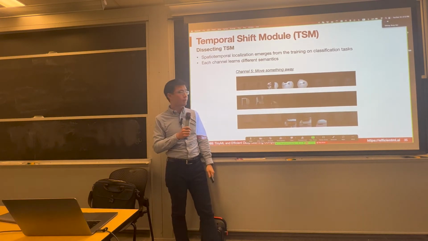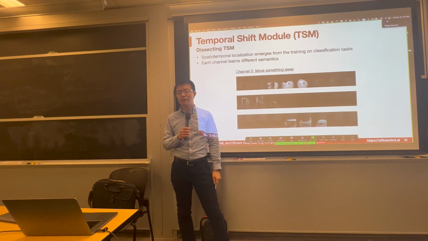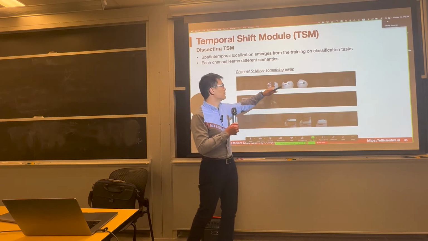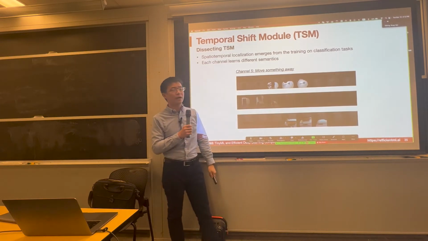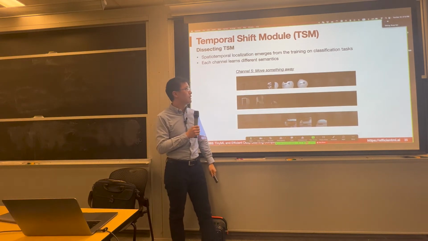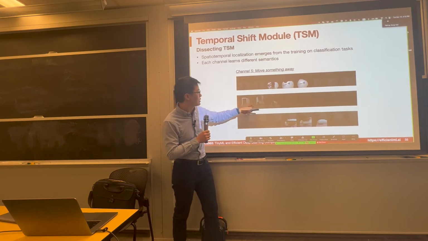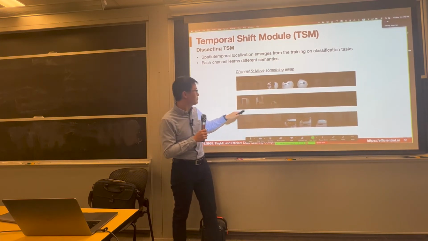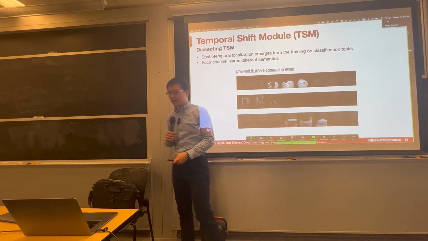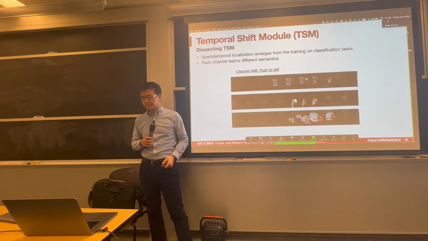And here we can dissect what TSM is looking at by looking at the final feature map before global average pooling. It's very accurately highlighting the spatial region, and also the temporal region where we are moving something away, like moving the cup away, moving some water bottle away, moving this basket away. Okay? Very accurate highlighting both in the spatial and temporal dimension.